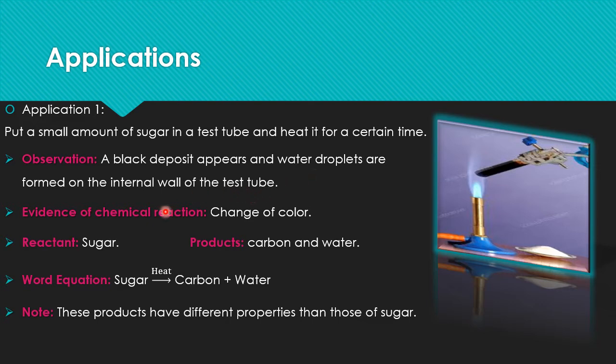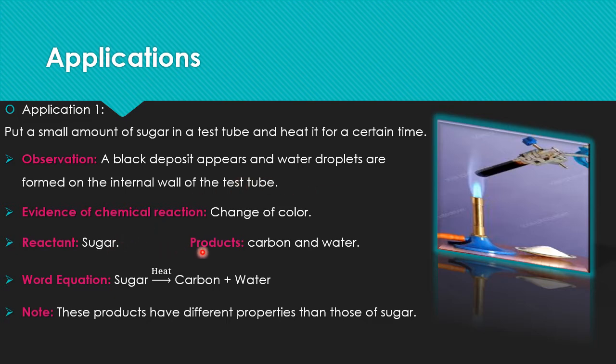So what's the visible sign that indicates the presence of a chemical reaction? The visible sign here is the formation of a black deposit, which is the change in the color. The reactant here is sugar. We just have one reactant, since only sugar is used to perform this reaction. It's not mixed with any other substance.